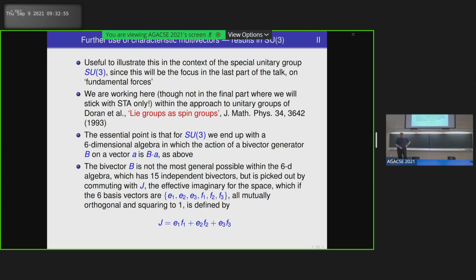The correct generators are picked out by commuting with J, the effective imaginary for the space. If our 6 basis vectors are E1 through E3, F1 through F3, all mutually orthogonal, so they anticommute and square to 1, then the effective imaginary for the space in this approach is J equals E1 F1 plus E2 F2 plus E3 F3.